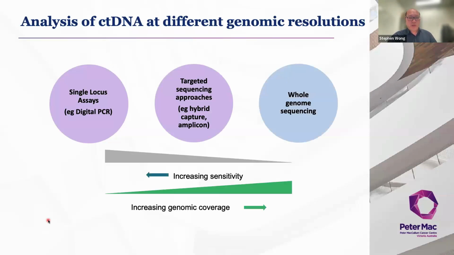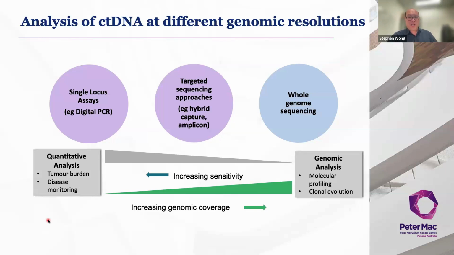Importantly, it's always a balancing act and a trade-off between increasing sensitivity, but also increasing genomic coverage as well as cost. We get two critical bits of information from this type of analysis. One is a quantitative readout of the ctDNA, which provides a measure of the disease burden or tumor burden in the patient, and is very useful for tracking disease throughout a patient's treatment.